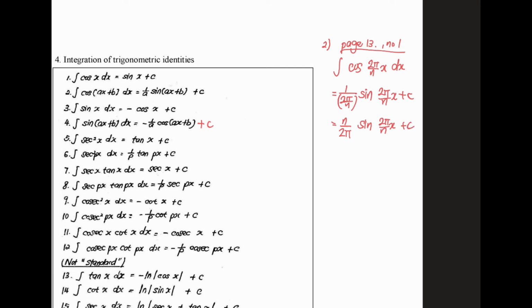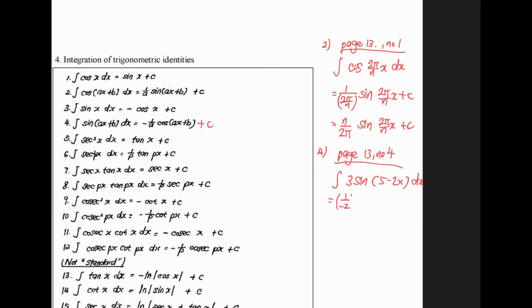Okay, so that is formula number 2. For formula number 4, I can also give one example. Let's see page 13, number 4. So we have integration of 3 sine(5 minus 2x). So you differentiate the angle, differentiate 5 minus 2x, you get -2, so you divide by -2.